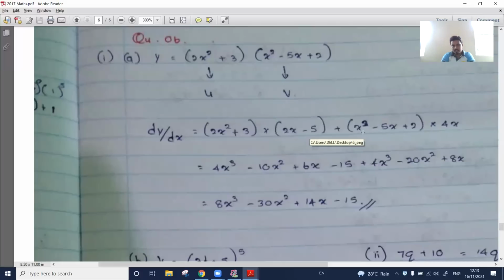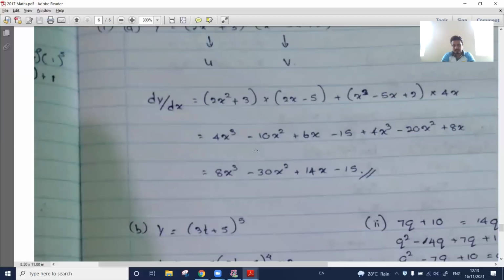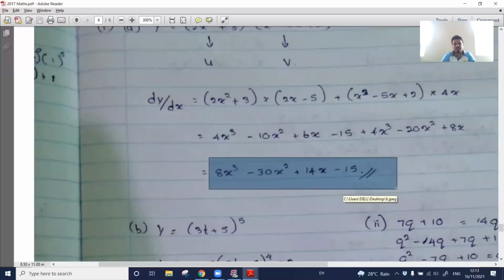Here 4x into x squared, 4x to the power 3, 4x into minus 5x minus 20x, yes. 8x to the power 3 minus 30x squared plus 14x minus 15. This is correct. This should be the answer for part 1A: 8x to the power 3 minus 30x squared plus 14x minus 15. This is correct.